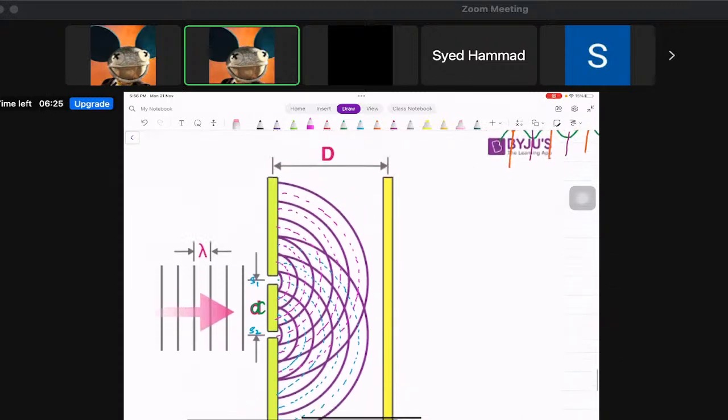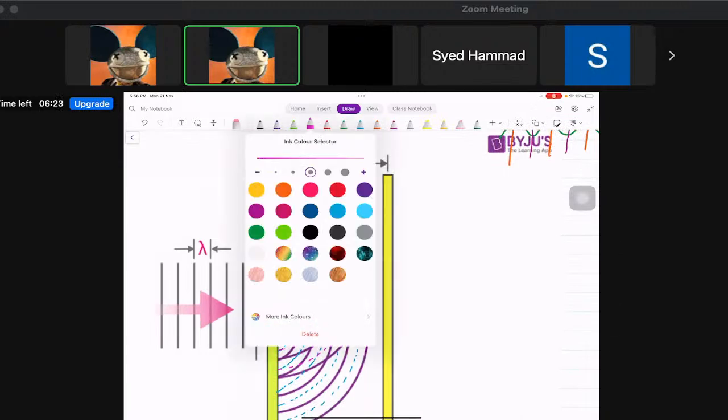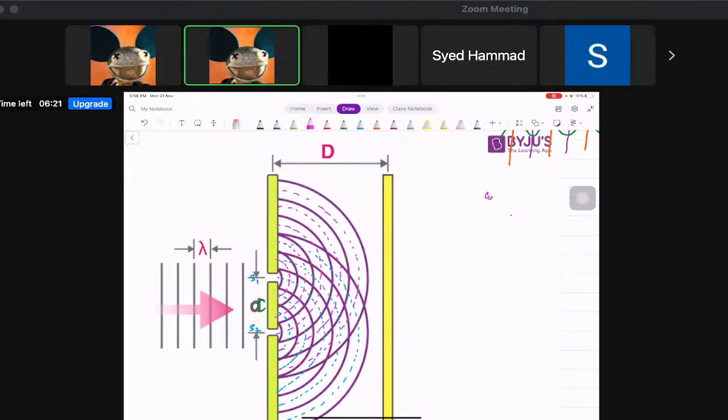Now what I want you to understand is that for constructive interference, a crest meets another crest and a trough meets a trough, so that causes constructive interference, right?